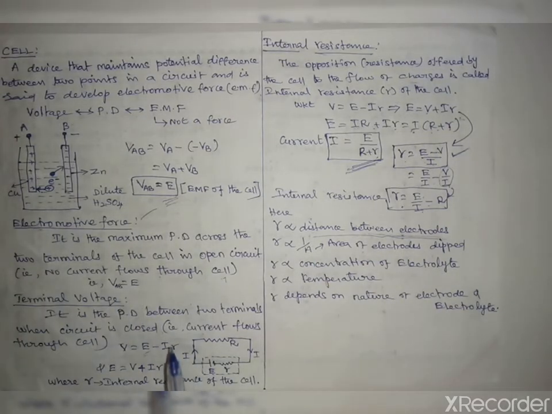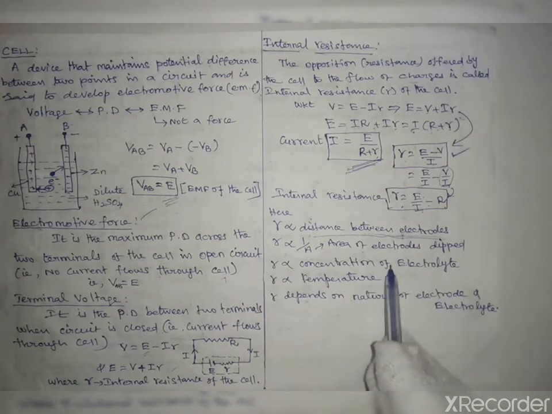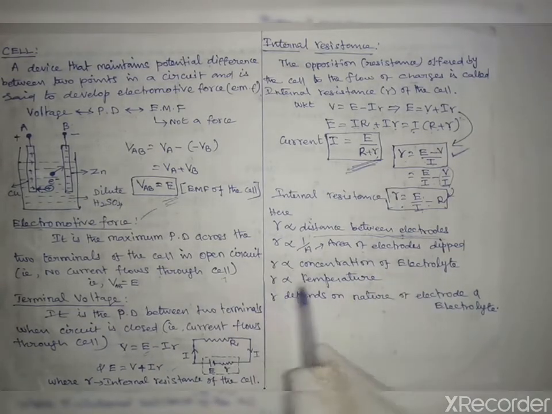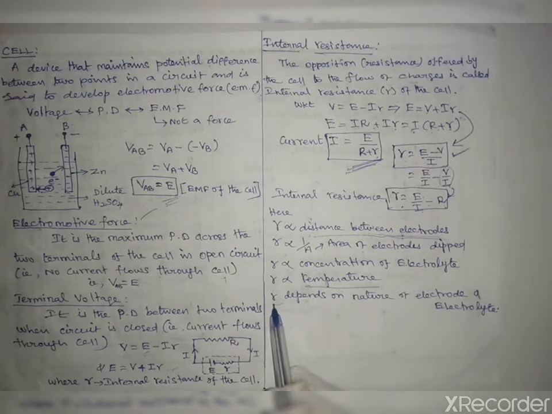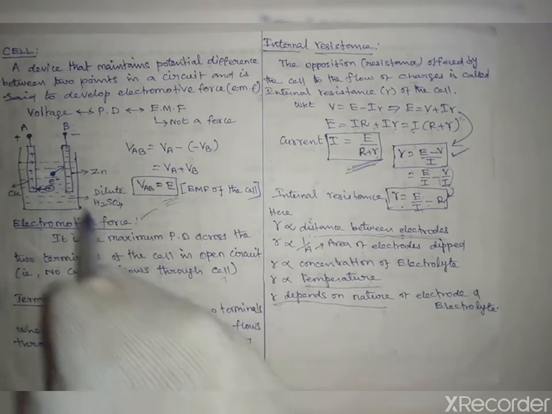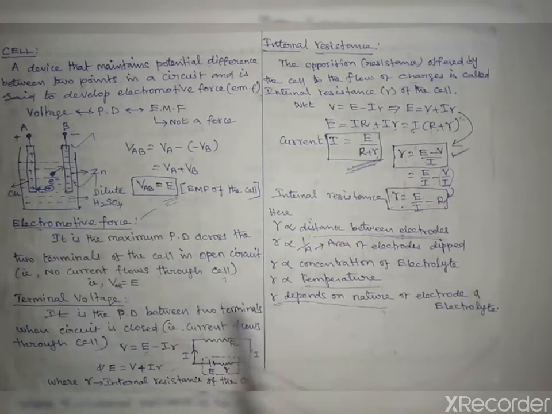If the area increases, then the resistance will decrease, and it is proportional to the concentration of electrolyte and also proportional to temperature. And simply r depends on the nature of electrodes and electrolyte. So these are the important parameters regarding internal resistance.